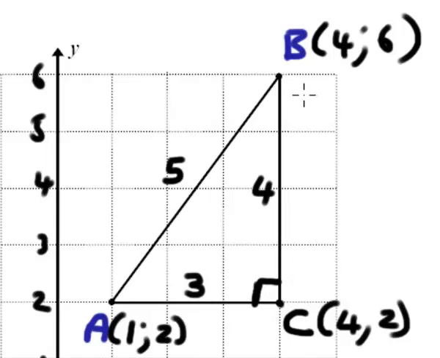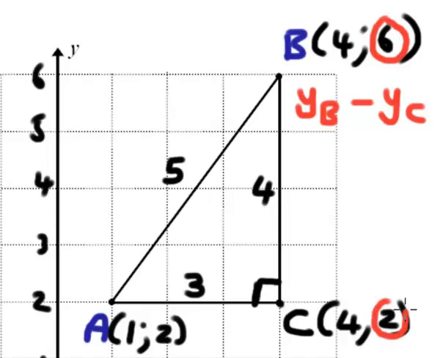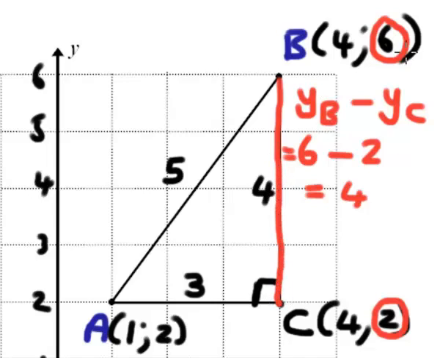If you take the y value of B and you subtract the y value of C, it's 6 minus 2, which equals 4. That is the length of that side BC. Do you see? It's the y of B minus the y of C.